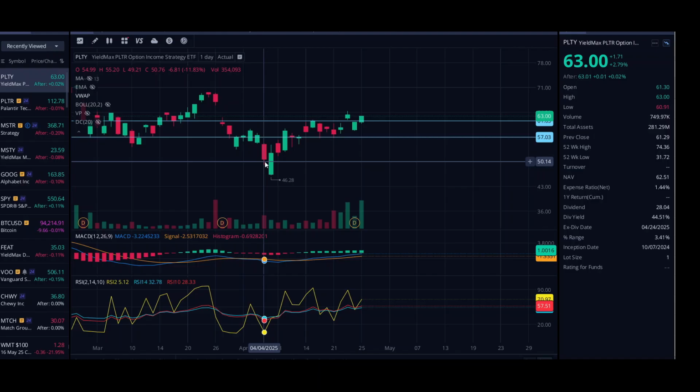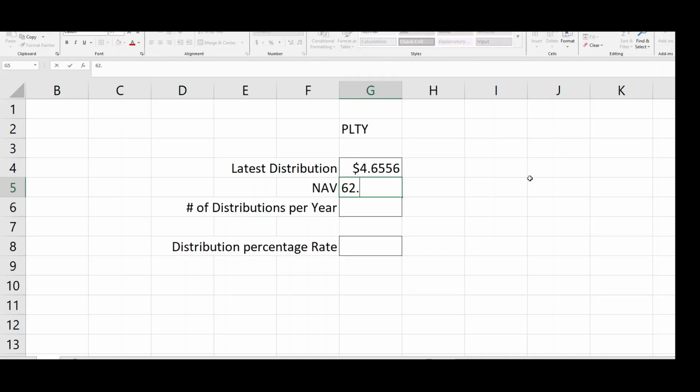All right, so here we're back on the chart, and as you can see right here, NAV, and we are still under PLTY. That NAV right here says 62.51. So we'll take that and enter 62.51 into our spreadsheet.